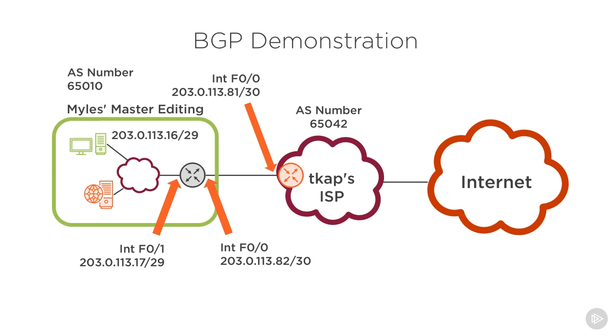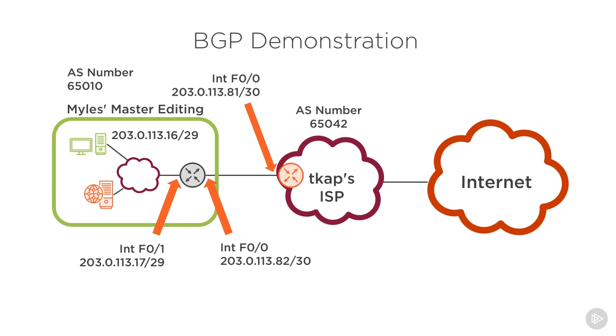We have private autonomous system numbers. And the private autonomous system number range is from 64,512 through 65,534. So my AS numbers here are within that range, meaning that if I accidentally try to build a peering relationship with somebody else, it's definitely not going to work.